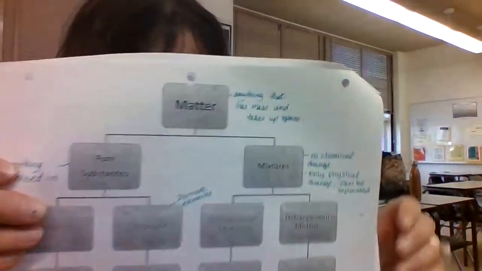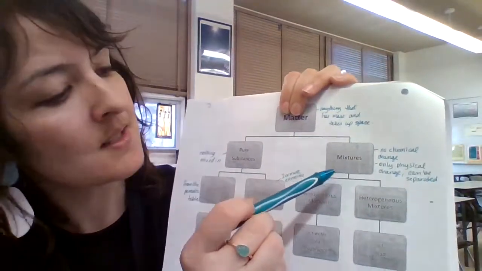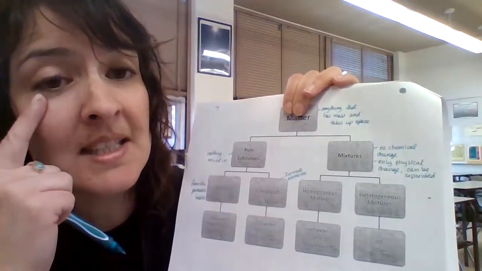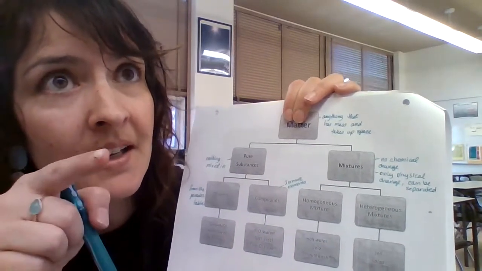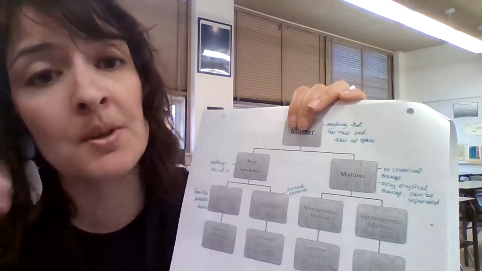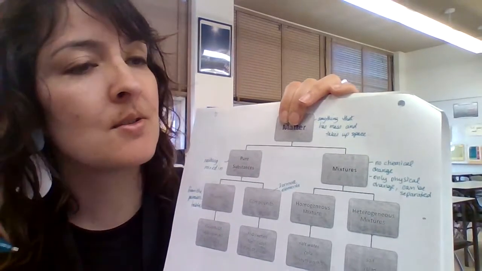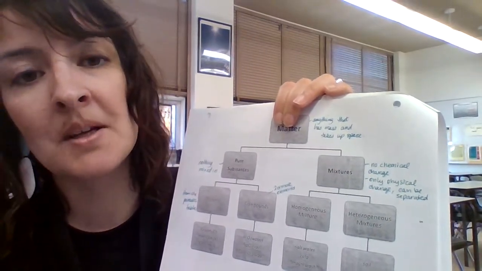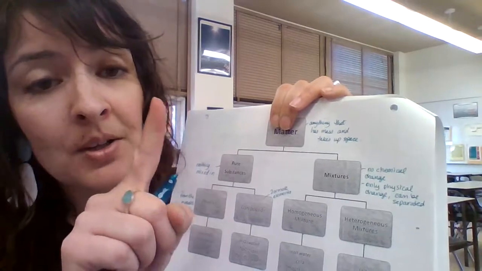Okay, then we get to the other side for mixtures. And so for mixtures, we have two kinds. One where you can see the different things inside it, and the other one where you can't see, but you know it's a mixture, like coffee. You know there's water and coffee in there, but it looks like just one.